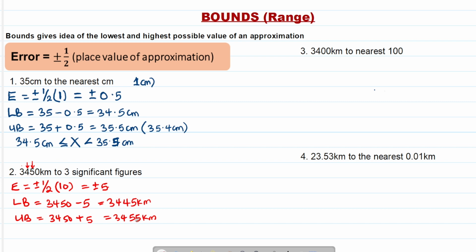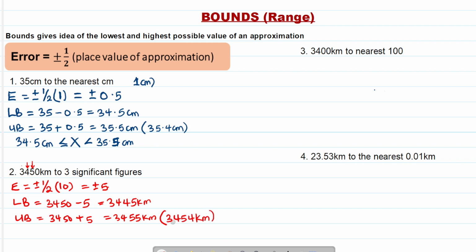The upper bound here is not the same as the highest value that could have been approximated, because if we take this to be the highest possible value that could have been approximated to 3 significant figures, this will give us 3460. But our objective is 3450. Therefore, the upper bound cannot be taken as the highest possible value. Therefore, the highest possible value will be 3454 kilometer.